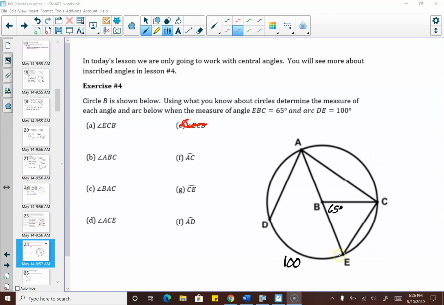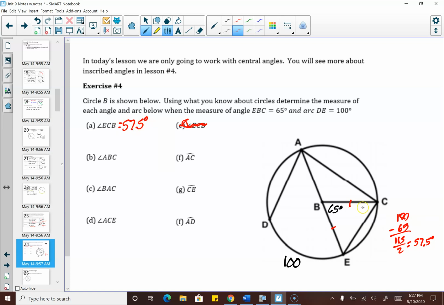To find angle ECB, this little angle up here, we use what we remember about isosceles triangles: the two missing angles are the base angles. So 180 minus 65 gives us 115, divide that by 2, and that gives us 57.5 degrees.